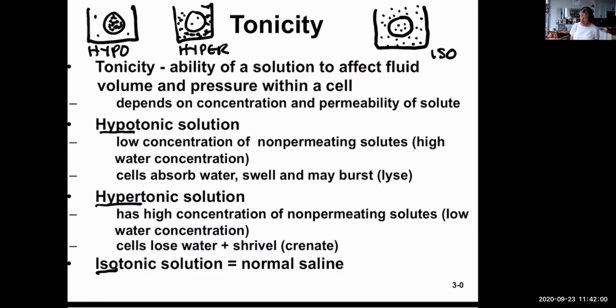These solutes also, to remember, are non-permeable. So these solutes cannot move across the cell membrane. If they could, they would do it. But in this case, they can't. They're too large. Therefore, in this case, where will water move? Will it move out of the cell or into the cell in the case of hypotonicity? And you can write that in the chat if you like.